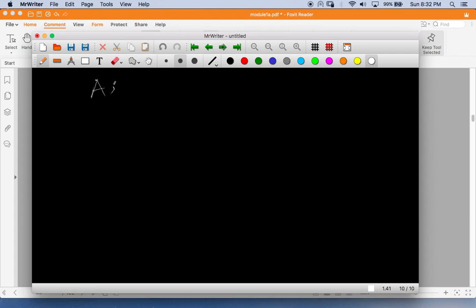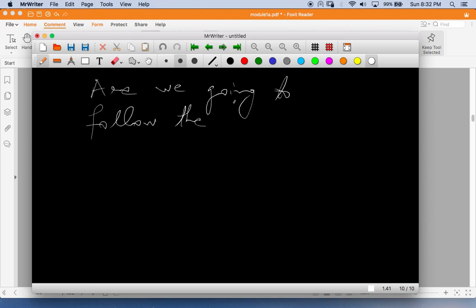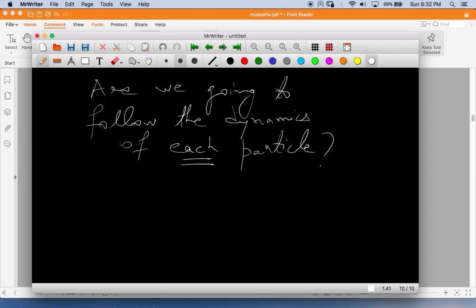Now the question is, are we going to follow each particle around, to follow the dynamics of each particle? That's one way. Or are we going to resort to going for some kind of coarse graining?